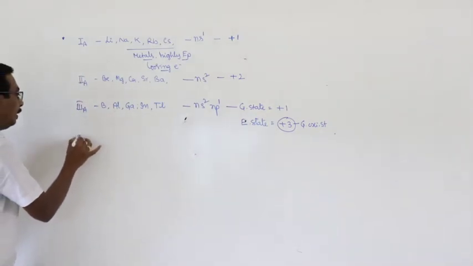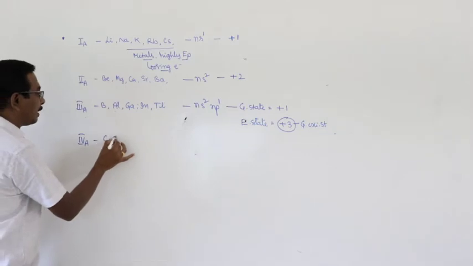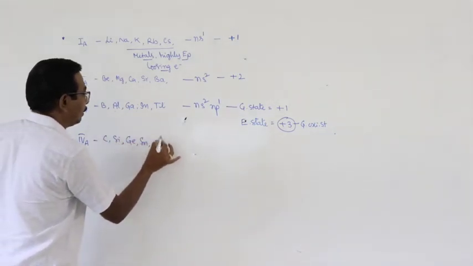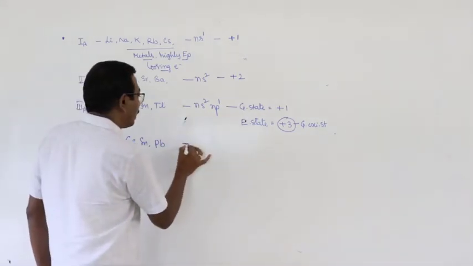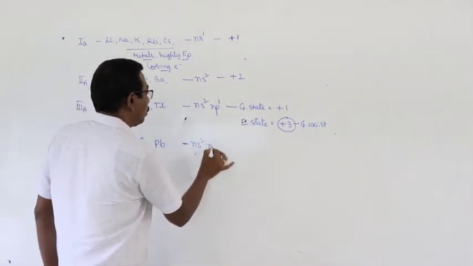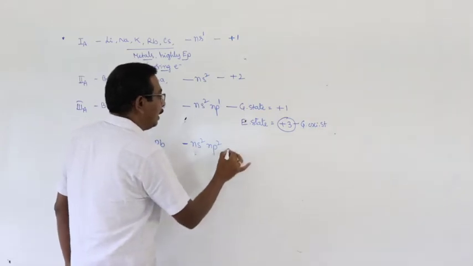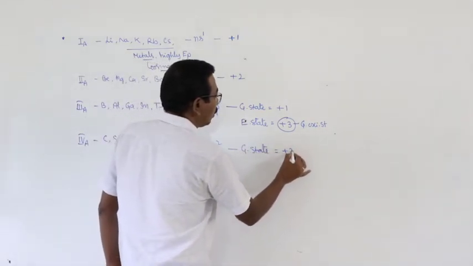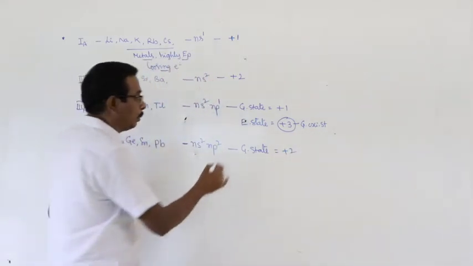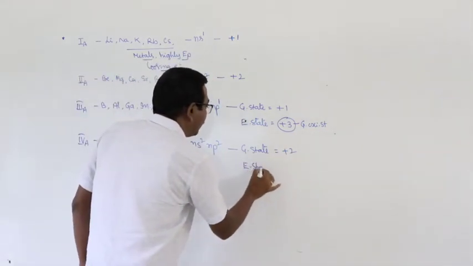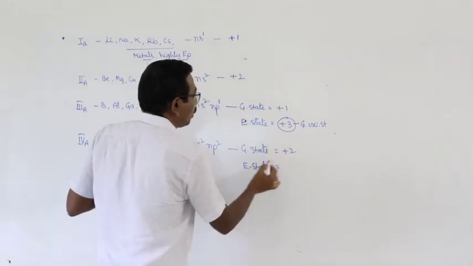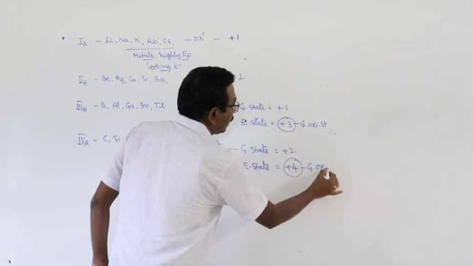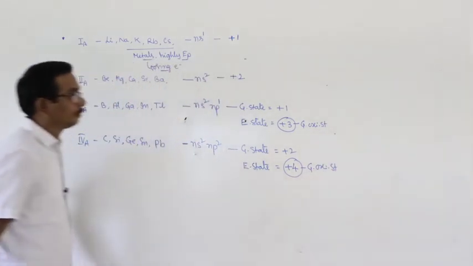Next, in case of fourth group elements carbon, silicon, germanium, tin and lead, electronic configuration ns2 np2. In ground state, combining capacity is equal to 2. So oxidation state +2. In the excited state, the oxidation state shown by fourth group elements is +4. This is the general oxidation state.